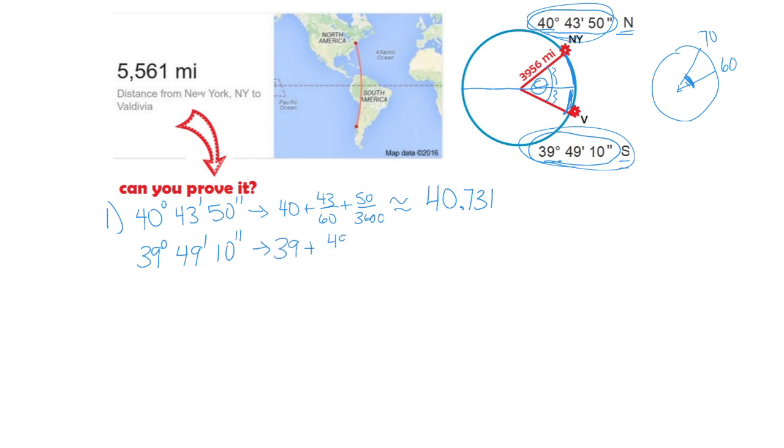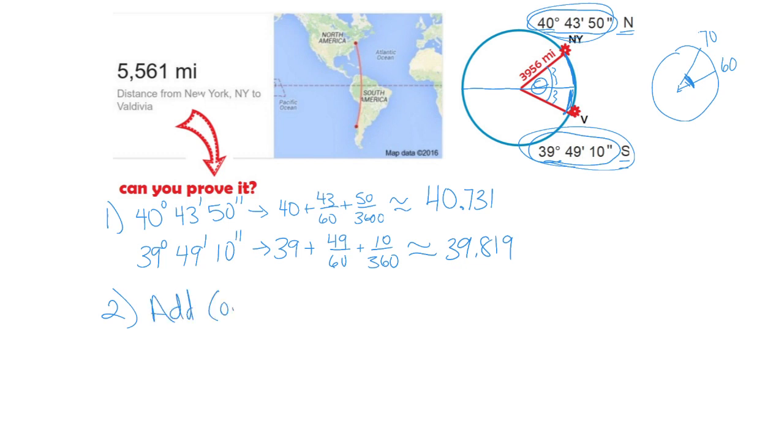You're going to take your minutes over 60, seconds over 3,600. Type it in your calculator. I'm doing all the hard work for you today. And you end up with 39.819.